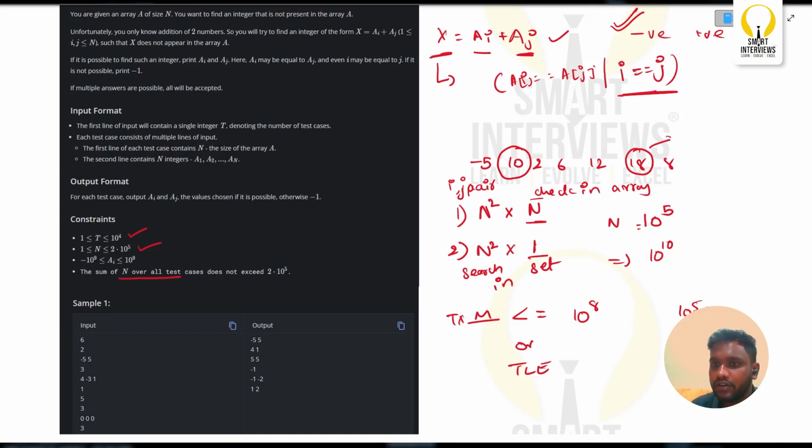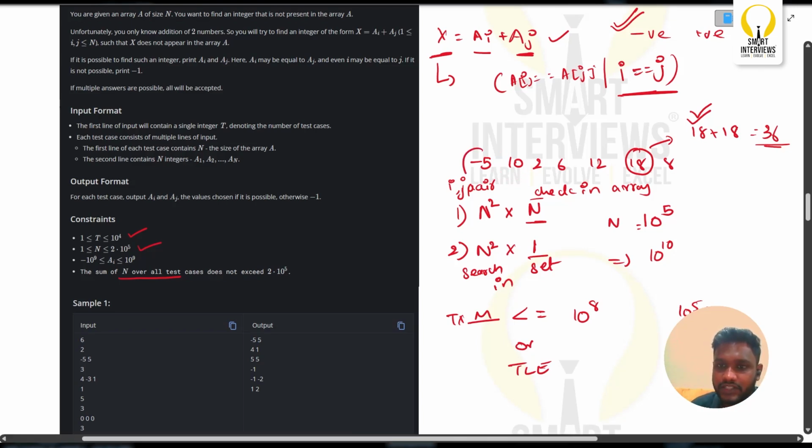But what if I do 18 plus 18, which is 36? This is not going to be in the array because 18 itself is the maximum element. Similarly, the minimum element is minus 5.